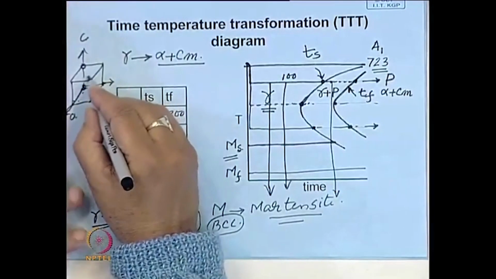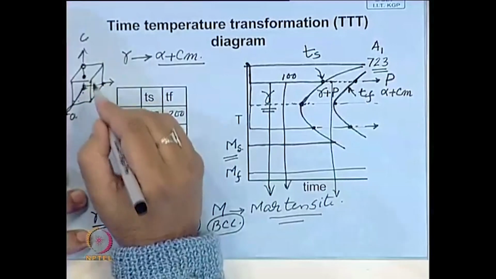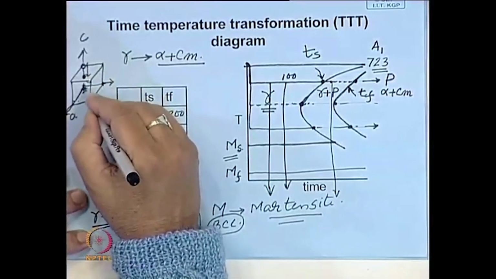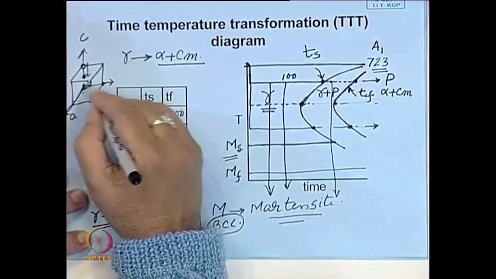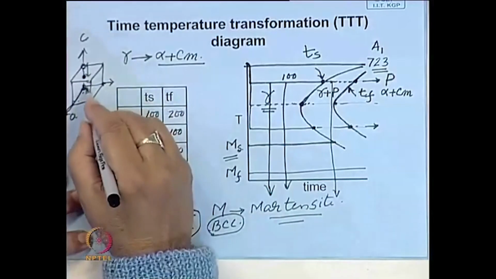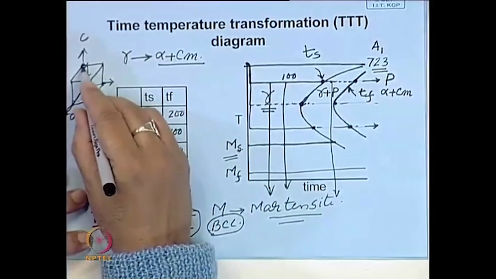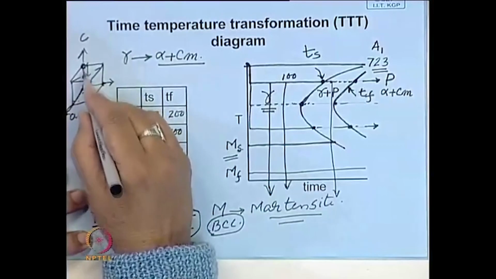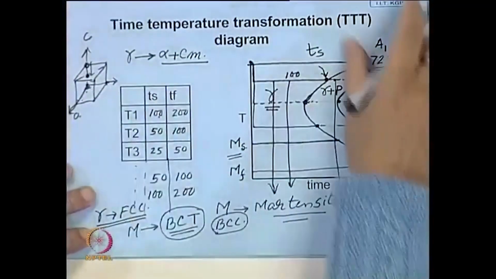Now, here if your carbon atom is over here, it pushes this apart. In some directions it has enough space to accommodate, but in this direction the gap is shorter.